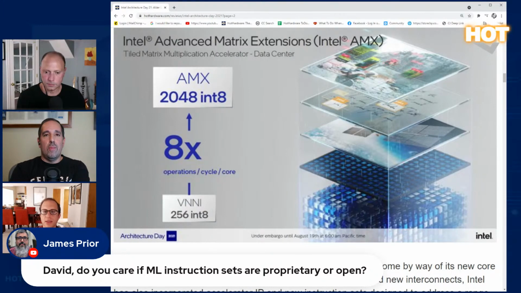I think the fact that Intel is running with their own instruction set, that's totally fine. You will ultimately see other folks doing different kinds of matrix multiplication primitives in there. But I don't think it's really a significant barrier, right?